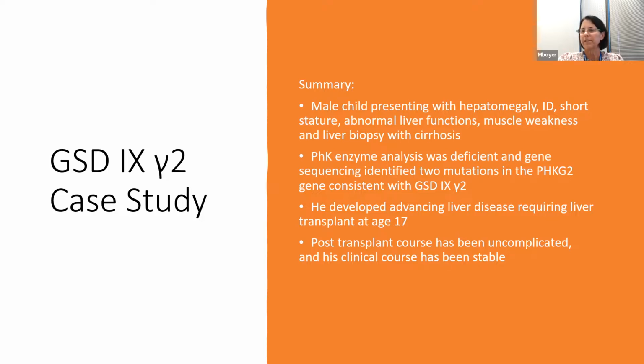PHK enzyme analysis was deficient, and gene sequencing identified 2 mutations in the PHKG2 gene consistent with GSD IX gamma 2. He developed advancing liver disease requiring liver transplant at age 17, and his post-transplant course has been uncomplicated, and his clinical course has been stable.